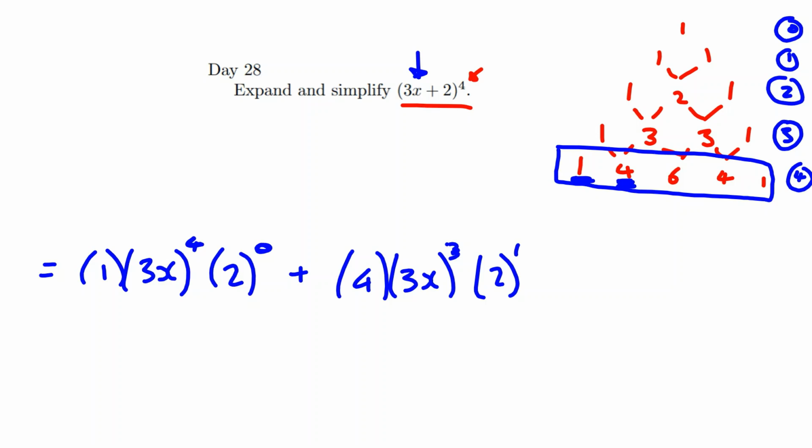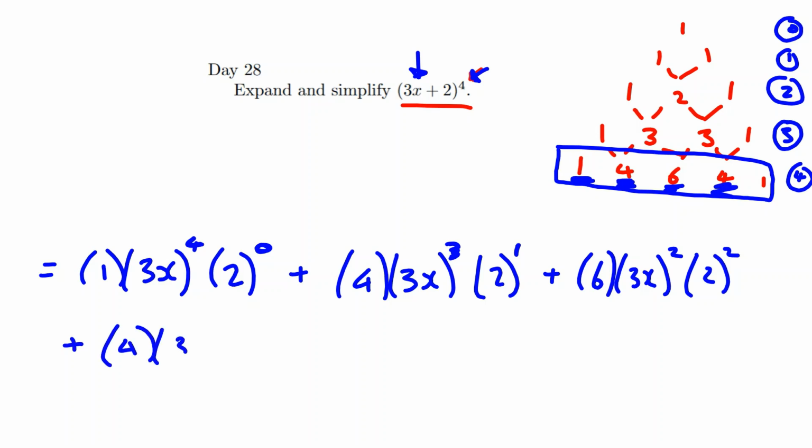Again, notice how my power for my 3x and my power of my 2 add together to give me this power up here. So we're going to keep going using our coefficients, decreasing the powers of the first term and increasing the powers of the second term.